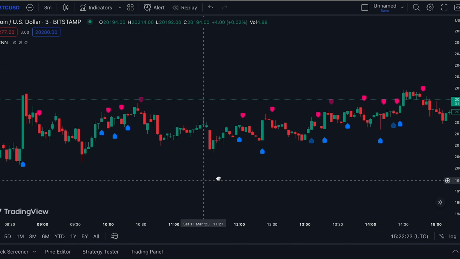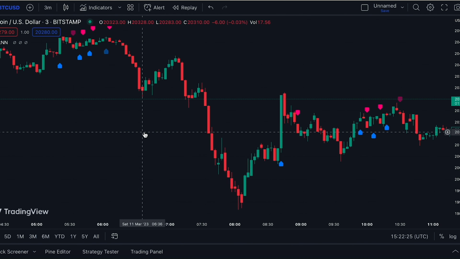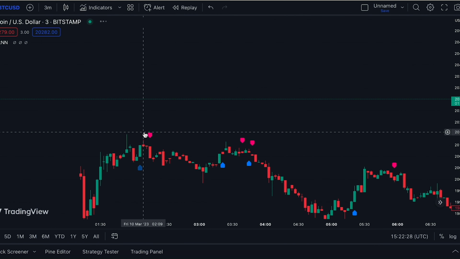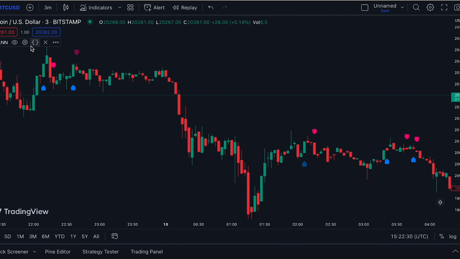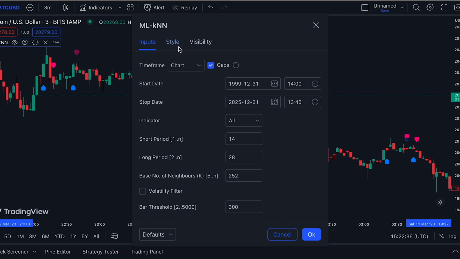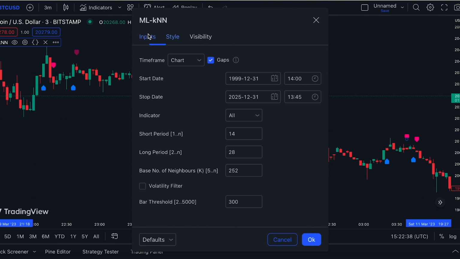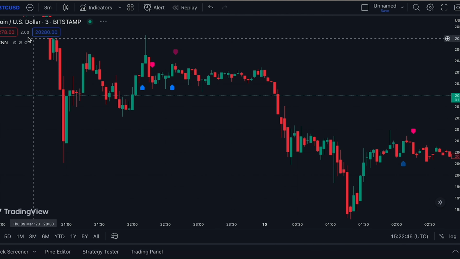Click the indicators box and enter machine learning KNN-based strategy to add the indicator. Let's thank the creator Capissimo for this wonderful script. The KNN, or K-Nearest Neighbors machine learning technique, predicts the direction of future market movements based on patterns in the data by analyzing historical market data.